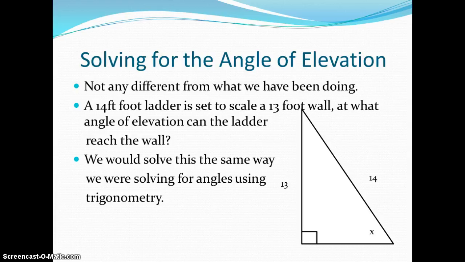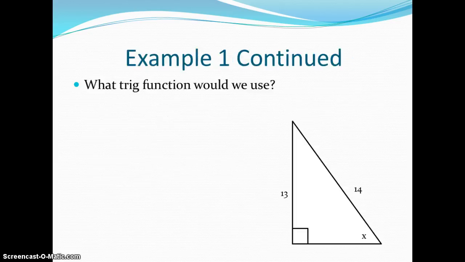We would solve this the same way we were solving for angles using trigonometry. So what trig function would we use? We're going to look down at our picture, and 13 would be the opposite of x, and 14 is the hypotenuse.